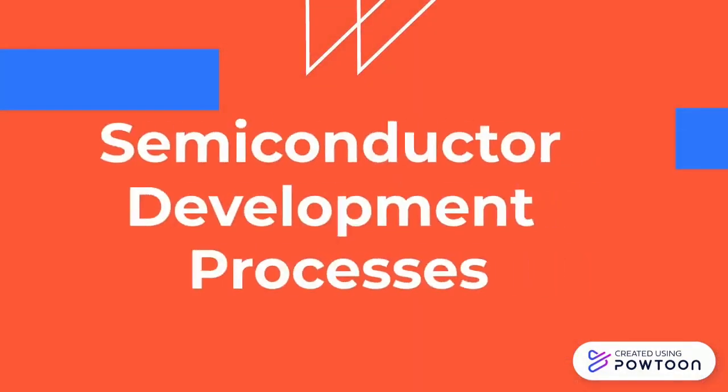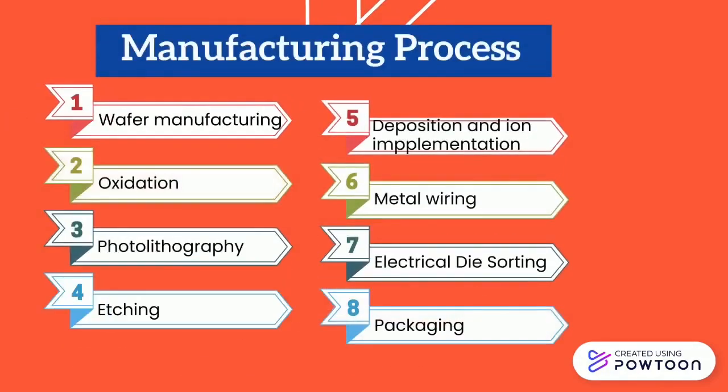Next, I will proceed with semiconductor development processes. Before this, I have talked about silicon, the main material used to make semiconductors. In order for silicon to turn into a semiconductor chip, it needs to go through the manufacturing processes of wafer manufacturing, oxidation, photolithography, etching, deposition and ion implantation, metal wiring, electric die sorting, and lastly packaging.